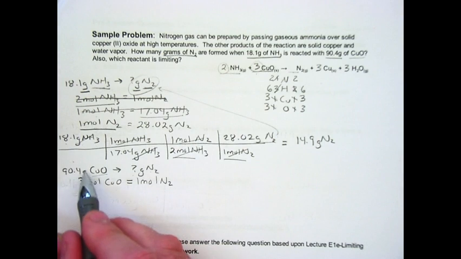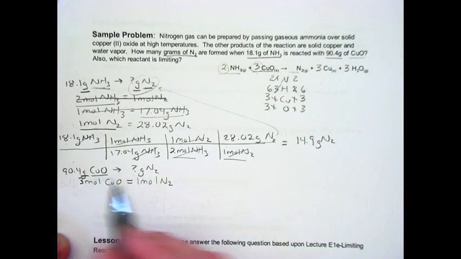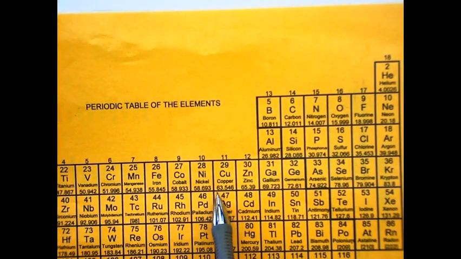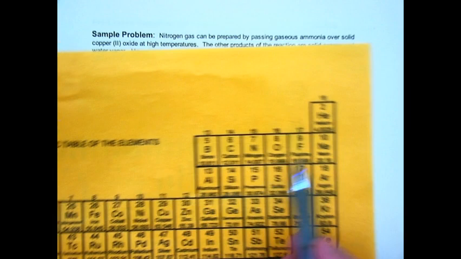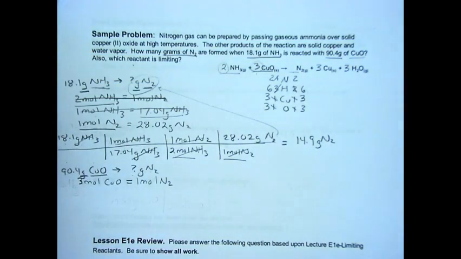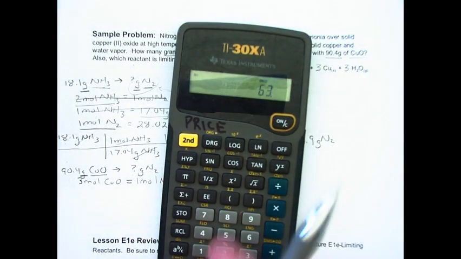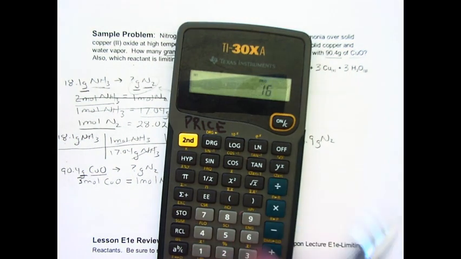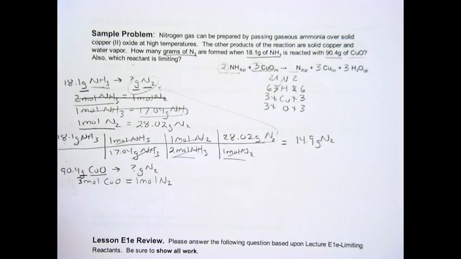Since this is grams here, I need the molar mass of copper oxide. Copper 2 oxide, copper is 63.55. Oxygen is 16. So 63.55 plus 16 equals 79.55.